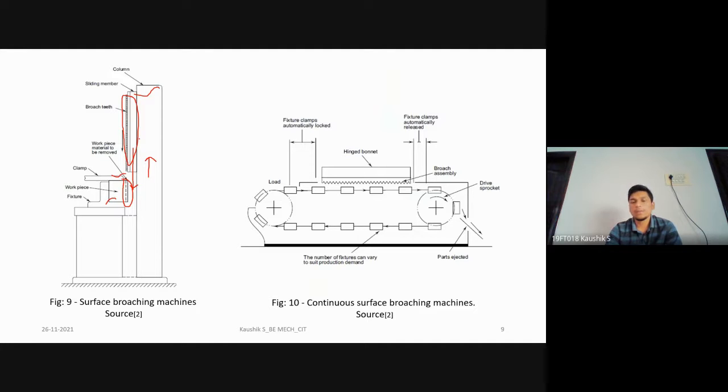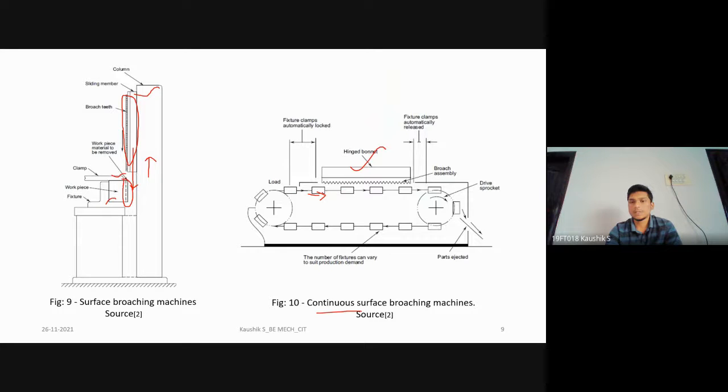To avoid this, we have another method called the continuous surface broaching machine, where the broach tool is held stationary, and the workpieces are mounted on the work conveyor, using proper fixtures to hold them firmly.